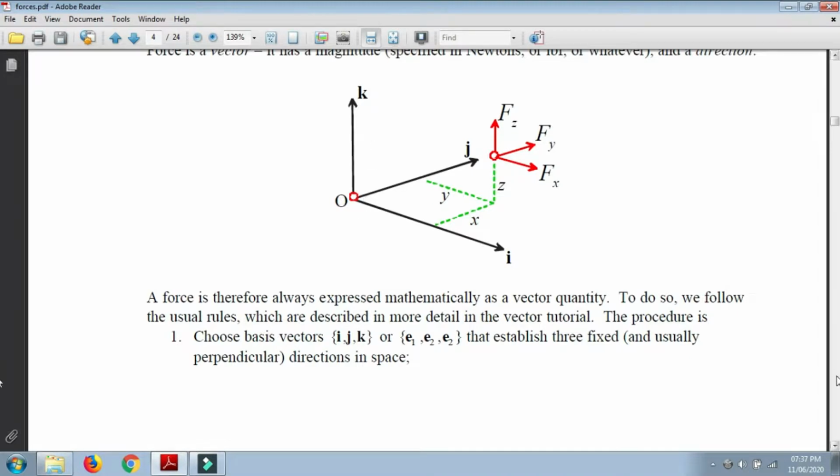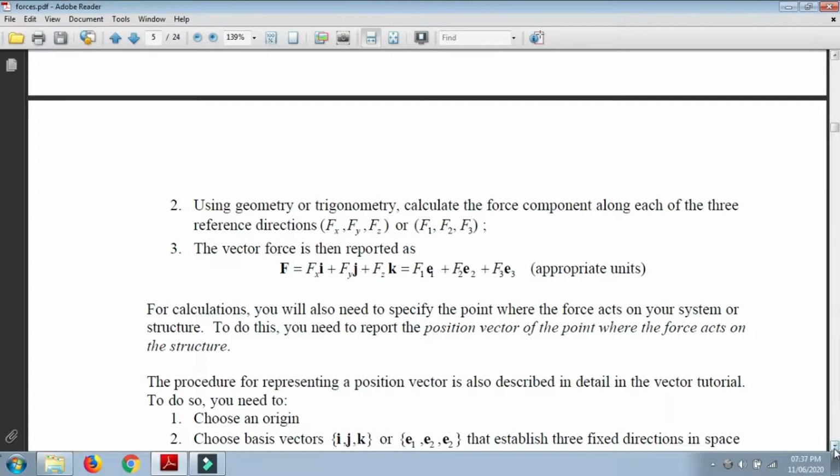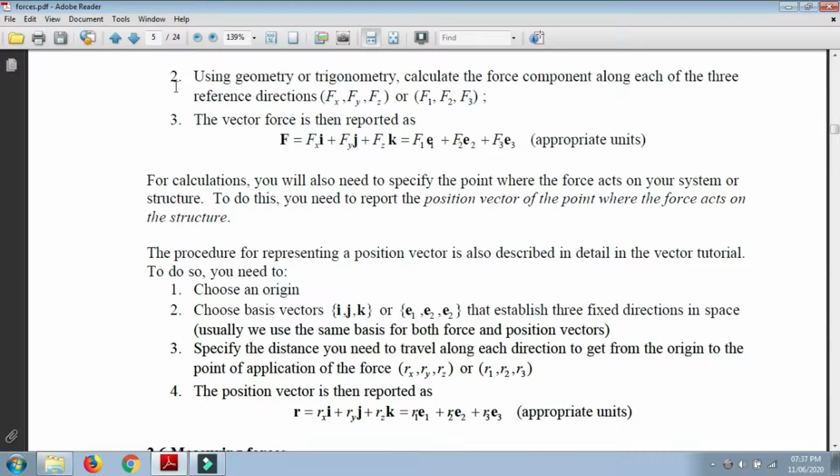Let's go ahead and remember this. Fx, Fy and Fz can always be expressed such that the resultant force F equals Fx plus Fy plus Fz. Number 2, using geometry or trigonometry, calculate the force components along each of the three reference directions.